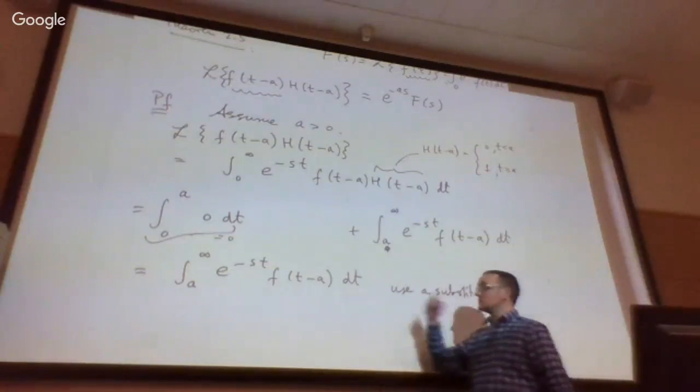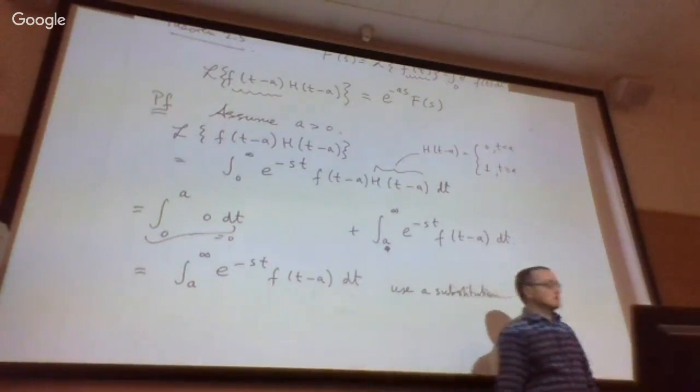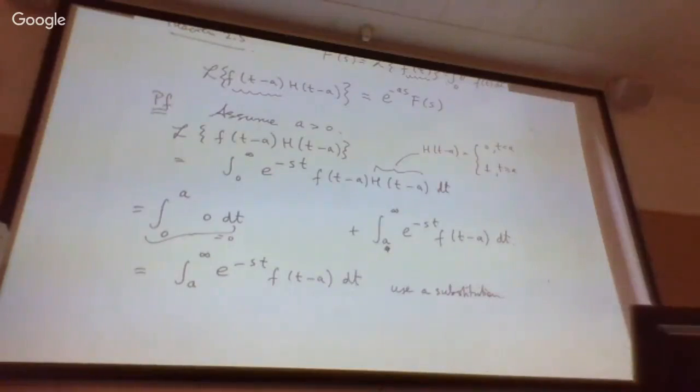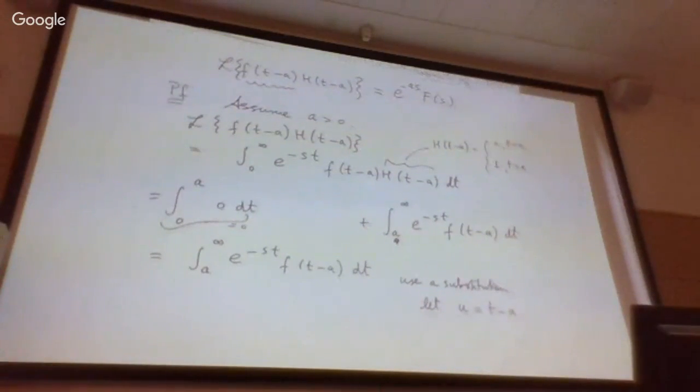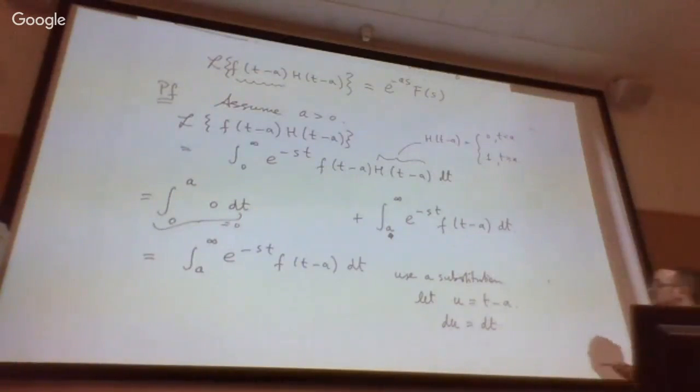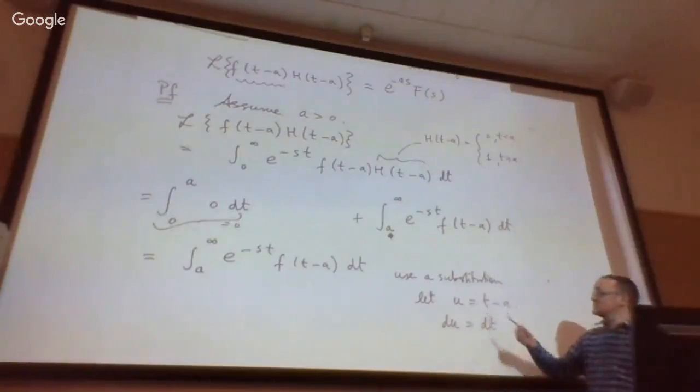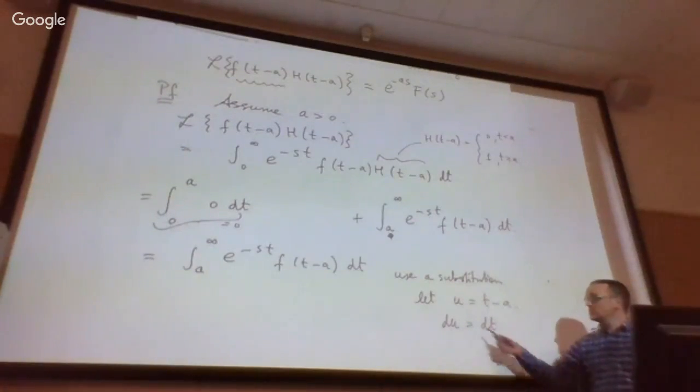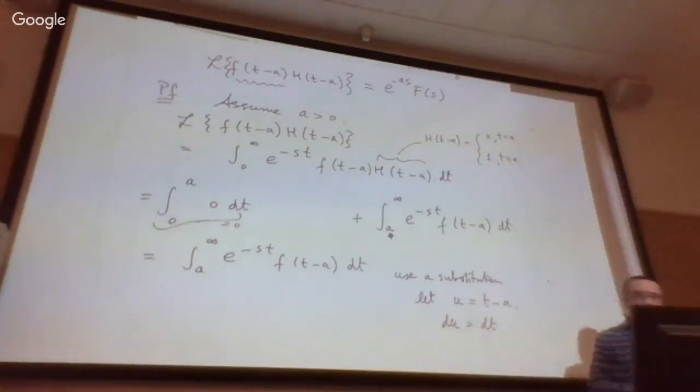Use a substitution that will give you a new variable of integration, u, and we'll let u be equal to t minus a. This has a couple of interesting properties. So du is equal to dt, because a is just some fixed constant. So a is just a constant shift of t. That gives you this new quantity u. So they both have the same differential.